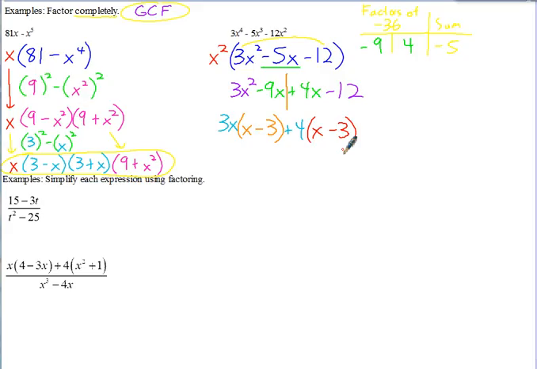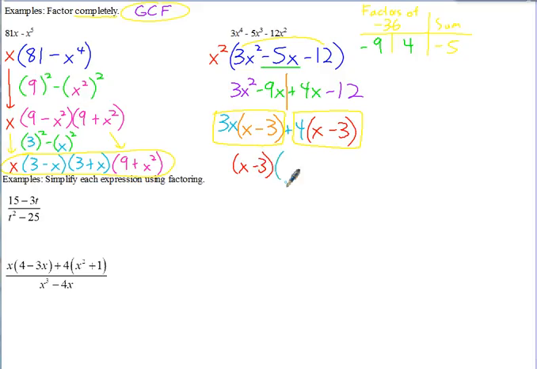And now, we look at the whole thing and see, if you think of this as the first term, those are multiplied together, plus this is like the second term. And now we take out the GCF of those, which, if you do this correctly, should be the terms in parentheses. You can see they both have an x minus 3. So you factor out the x minus 3 as a GCF out of both of them.